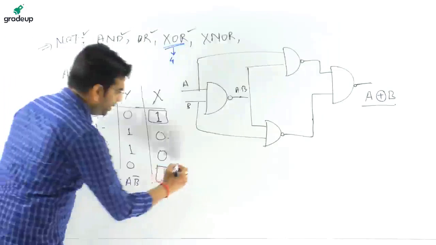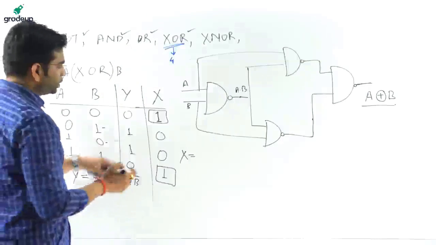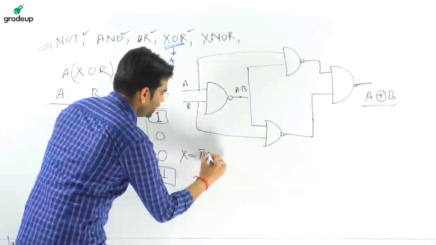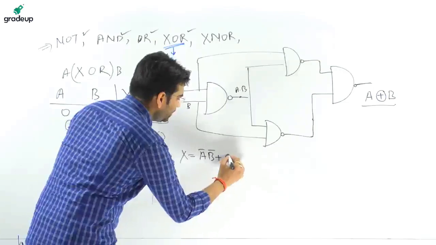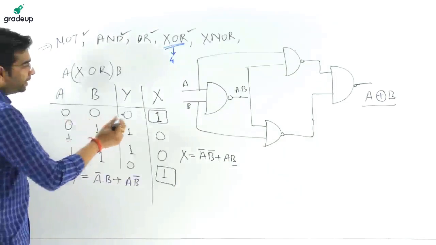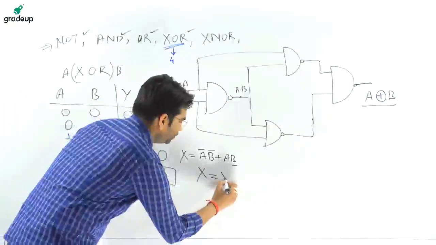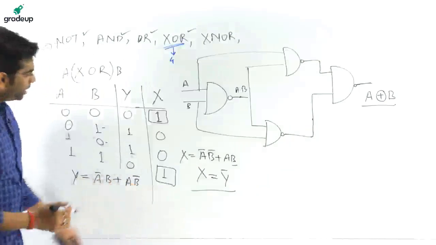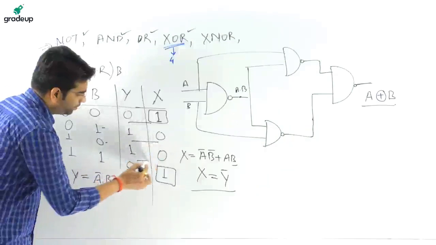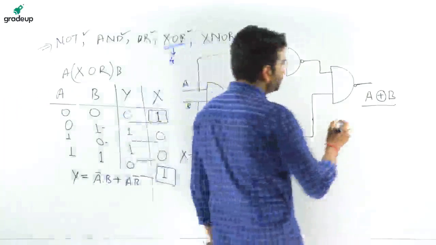So what will be the truth table for this? Truth table is this. What is the Boolean expression? It will be A bar B bar plus AB. Can you find one thing? That this X is actually equal to Y bar. So we can do one thing.